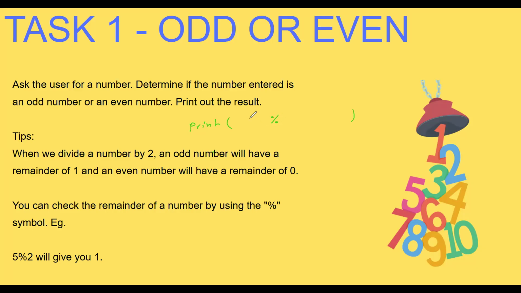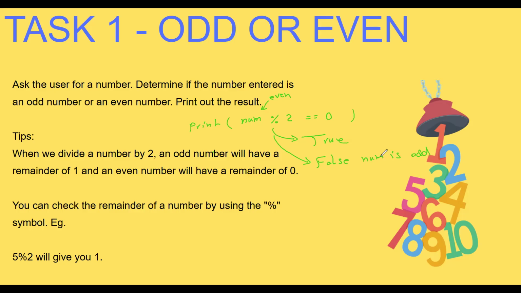So we said that if we put num like that, and we used modulus 2, and then equal equal, and we put 0, for example, this will evaluate to true when num is actually even. If this condition evaluates to false, it means that num is an odd number. Did you remember that? Or do I need to remind you again?